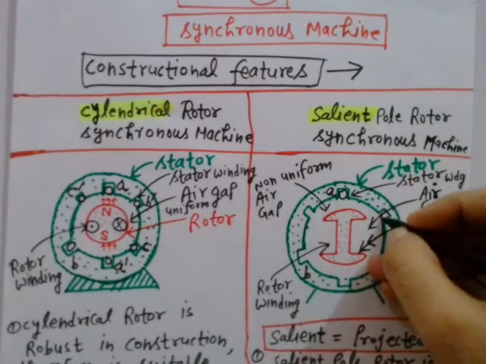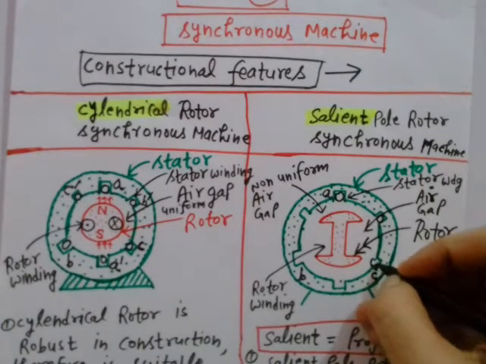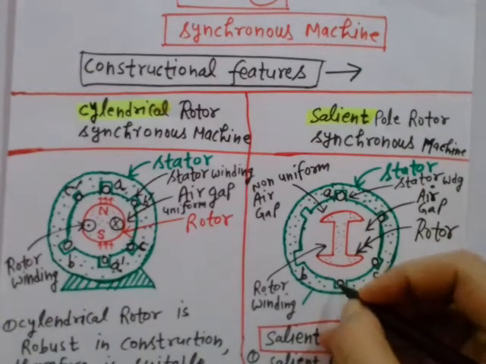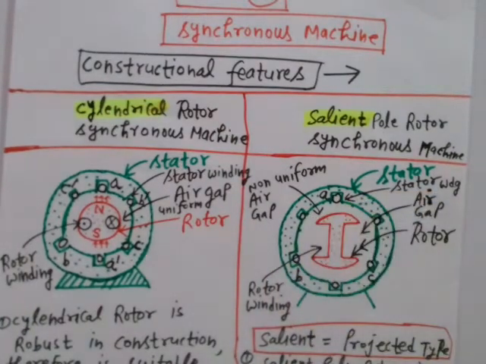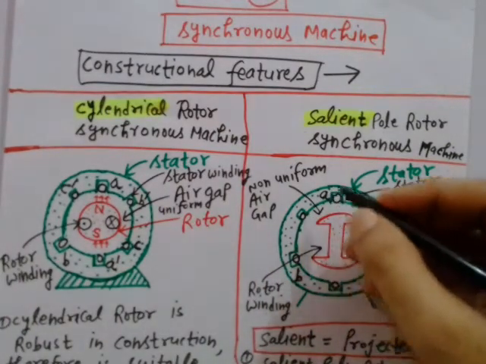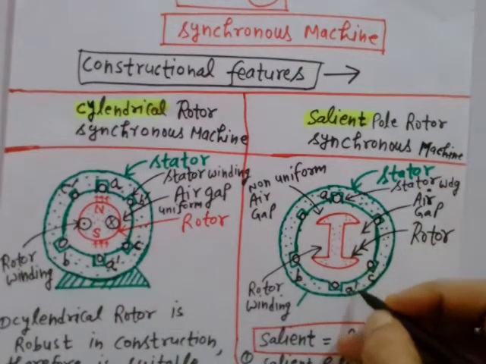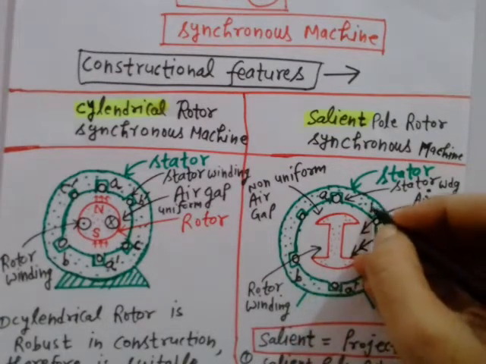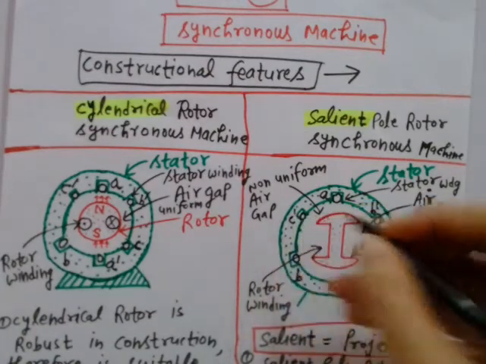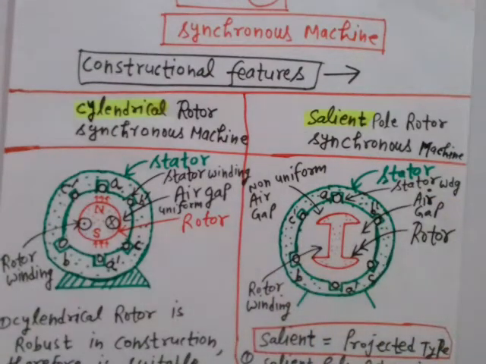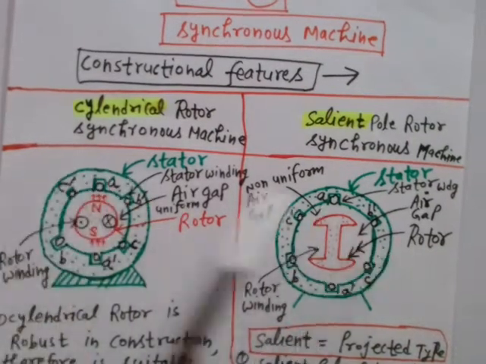These are the stator windings that I'm going to draw with small circles. So if this is A, this is A dash, this is B, that means B dash, this is C, that means C dash, as earlier. So it's a three-phase stator winding like this.